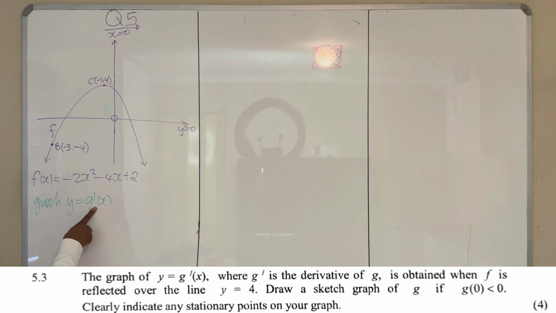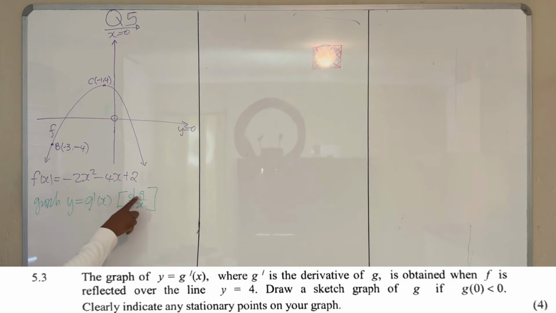So how do you get g prime? To get g prime, you have to derive your g with respect to x. So the function g prime is a derivative of some original function with respect to x. Do you understand that?